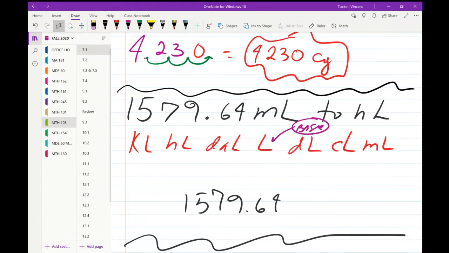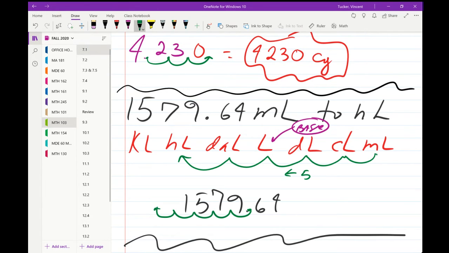All right, so this time we have liters as our base. 1,579.64 milliliters, and we want to go to hectoliters. So starting in milliliters, we're going 1, 2, 3, 4, 5 to the left. So take that original number, do that. 1, 2, 3, 4, and 5.